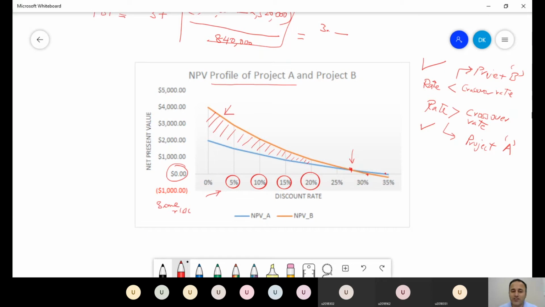Now this is a very strong assumption. There will be hardly any projects which have the same level of risk. So one of the assumptions in this analysis is same risk. And the other assumption is, of course, that there is no capital rationing.